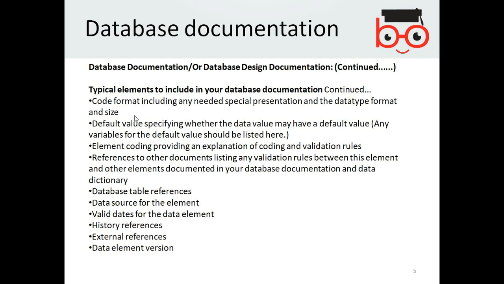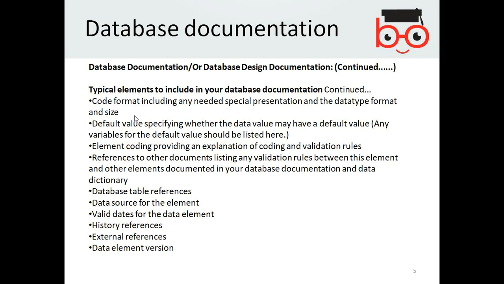That's important. Element coding provides an explanation of coding and validation rules. Wherever the element will be used, it should have a clear explanation of how it can be used while encoding and what its rules are.